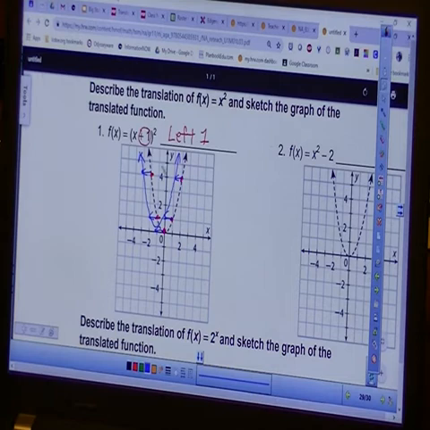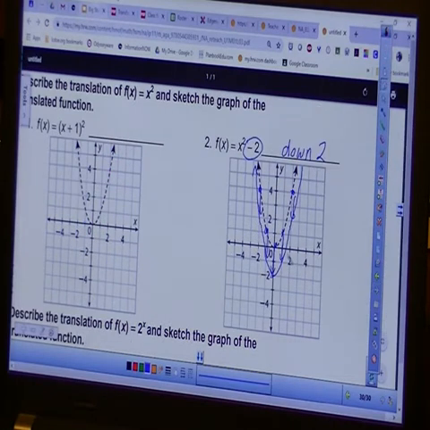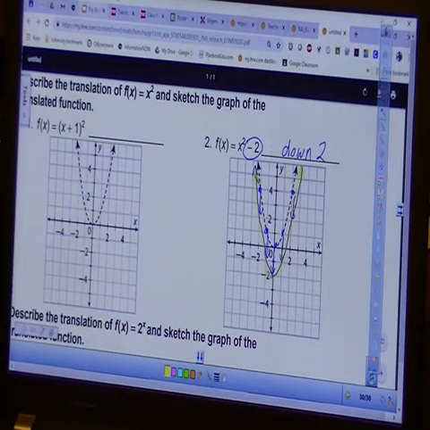We took this guy and said this means left 1, so we moved every single thing left 1. For this one, since it's on the outside, it's down 2, so everything got moved down 2. That's what you end up with, and that is your transformed function.